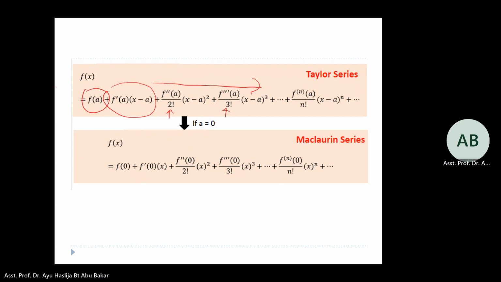Okay, the Maclaurin series is when you replace the a with 0. So the original one is the Taylor series. Now you will have a few types of Taylor series. You can have sine x, cos x, tan x.